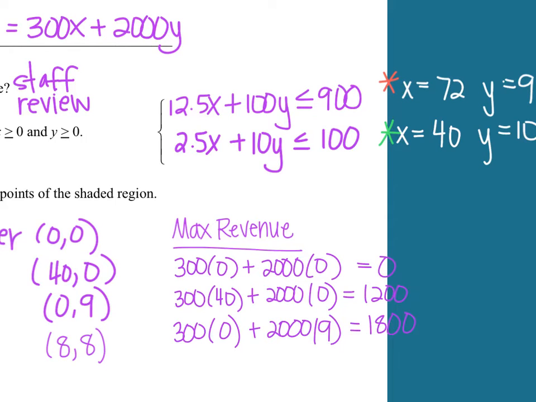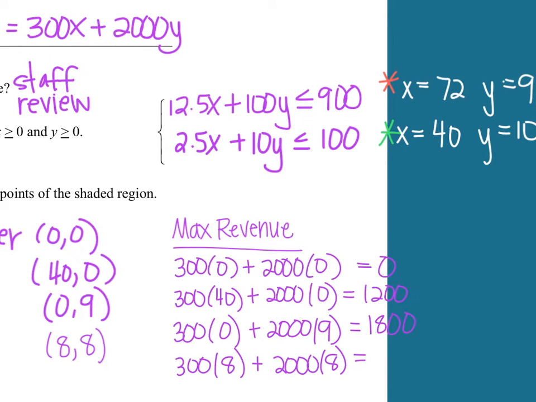But the sweet spot, well, maybe. Let's check if we did 300 times 8 tax returns, and what if we did 8 of each? That's 2,400 plus 16,000, excuse me.